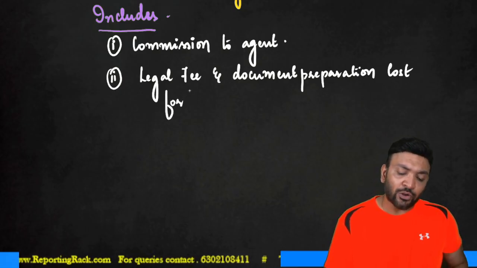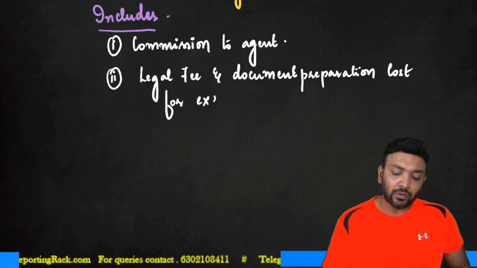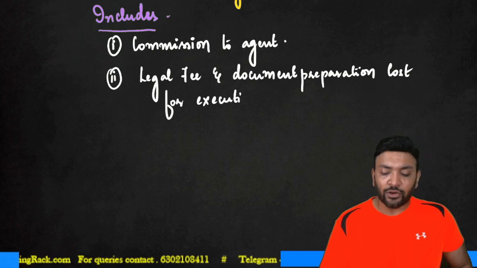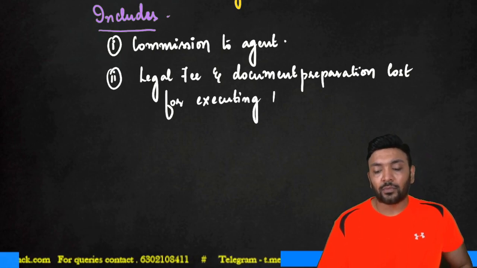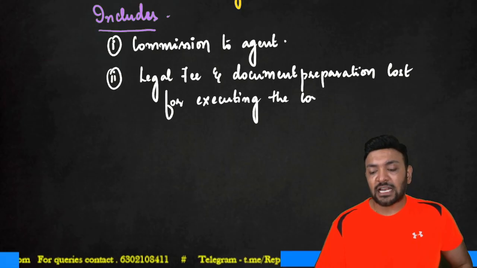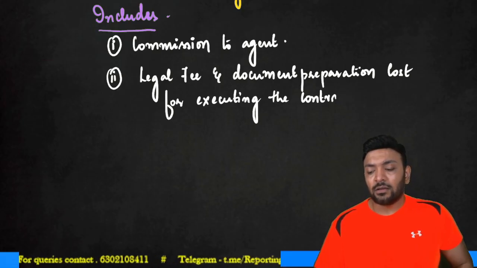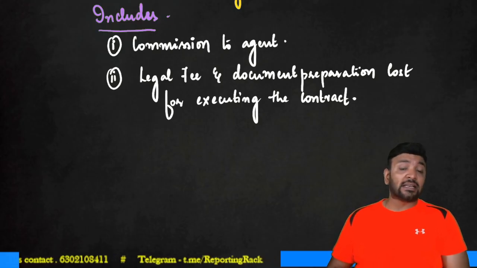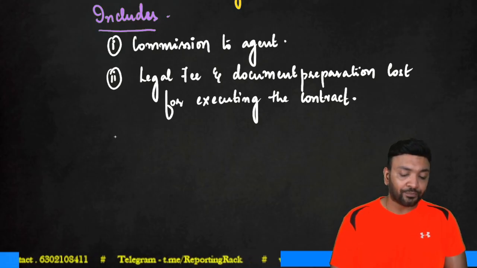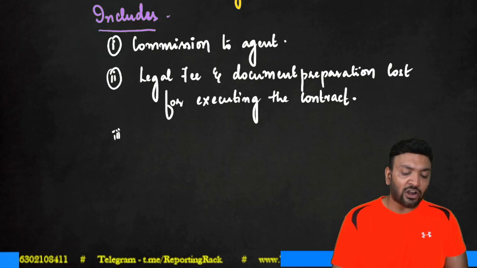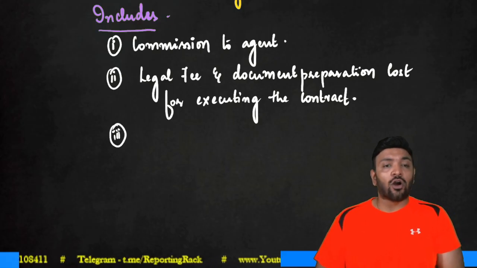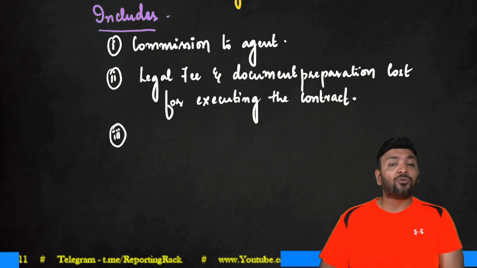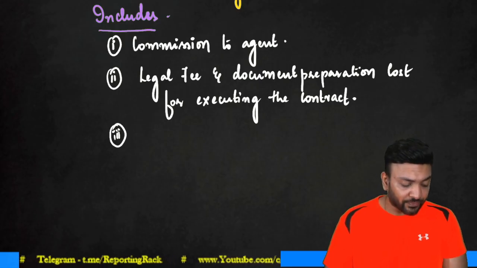For executing the lease agreement or for executing the contract, some stamp duty has to be paid. The document has to be prepared. Even for the preparation of the document, there is certain cost that you incur. Lawyer will not work free of cost. So obviously he will charge certain amount for document preparation. Third one.